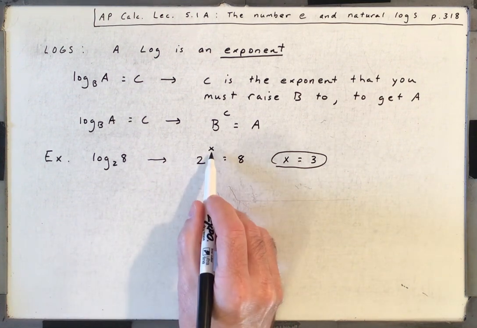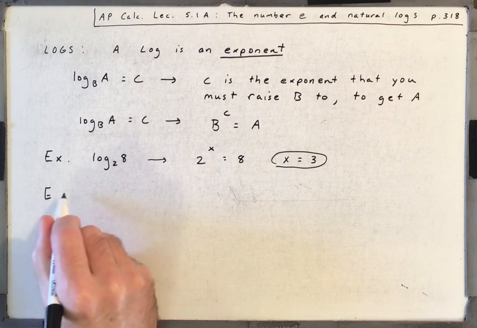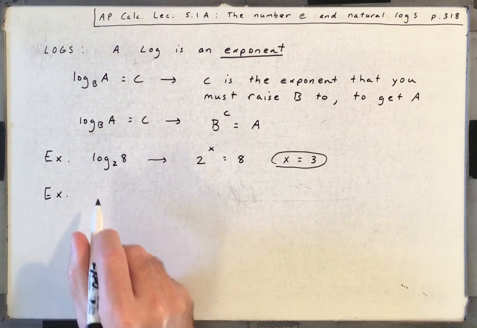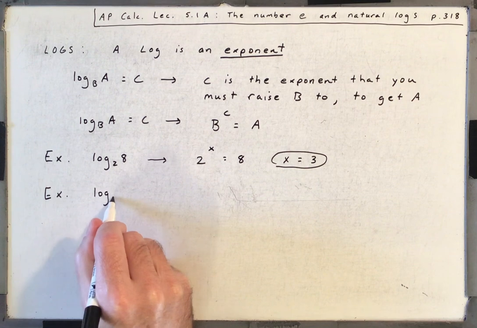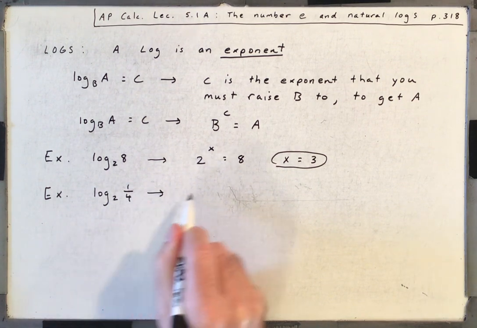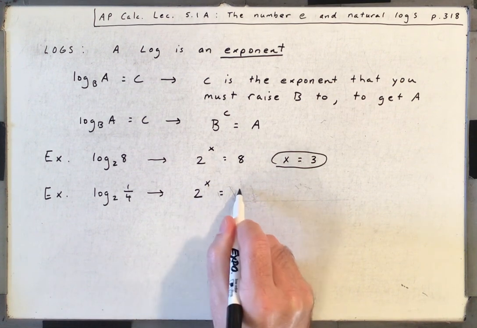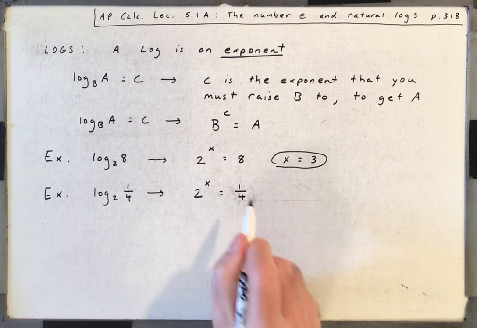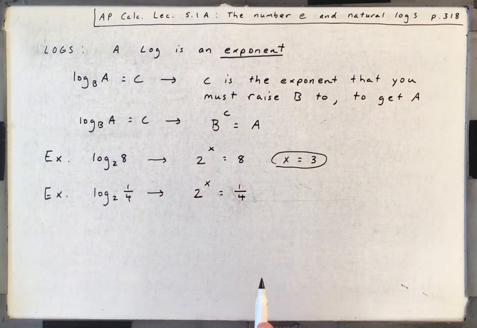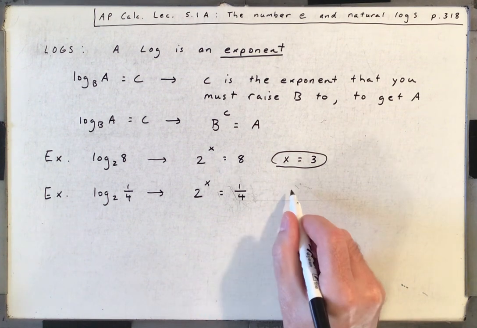And you could use any variable here. You could use a question mark. Let's say we have log base 2 of 1/4. That's like saying 2 to some power is equal to 1/4. Can you do that? Try that in your head and tell me what it is, or tell the computer screen or your phone what it is.